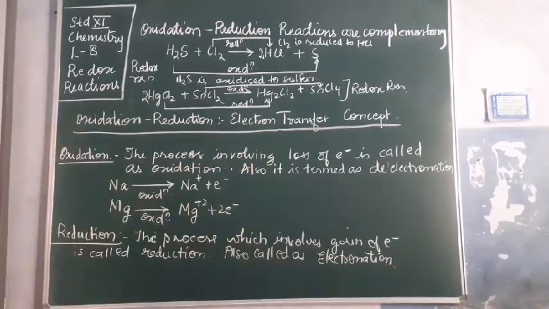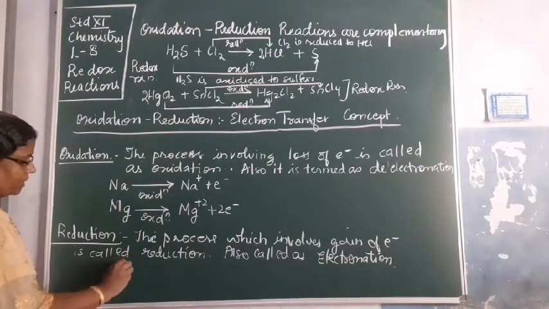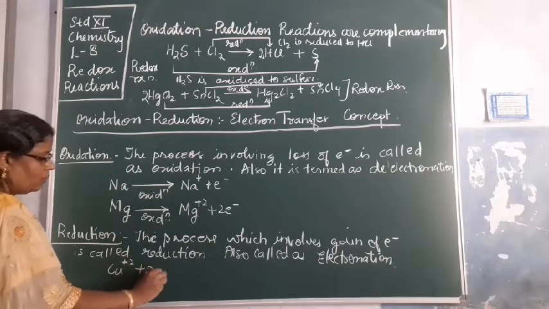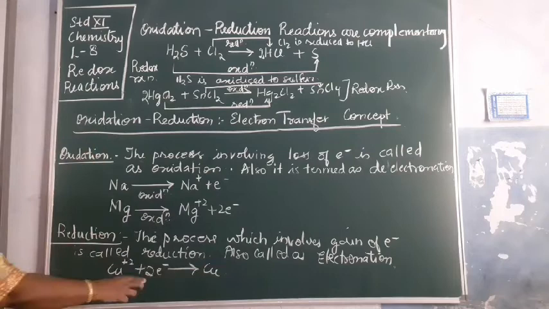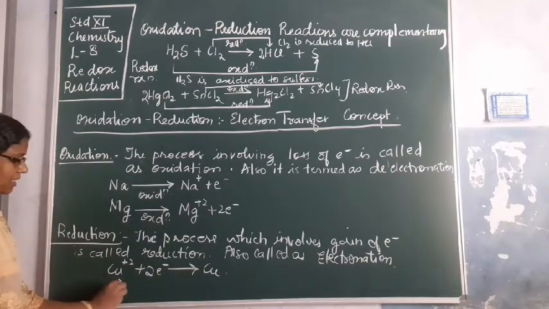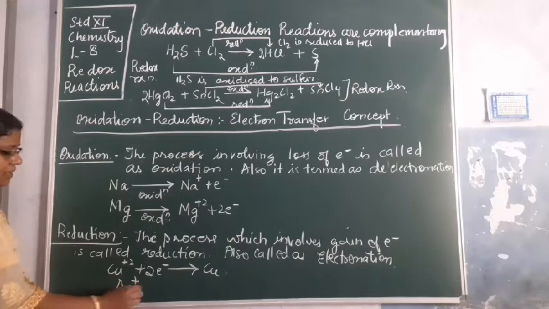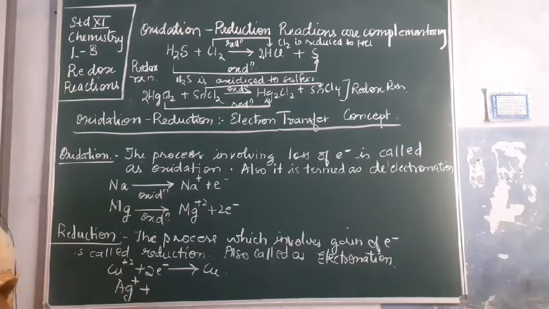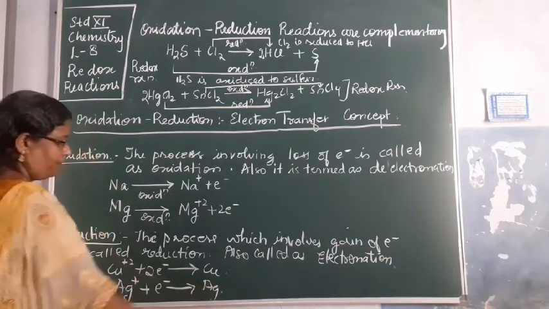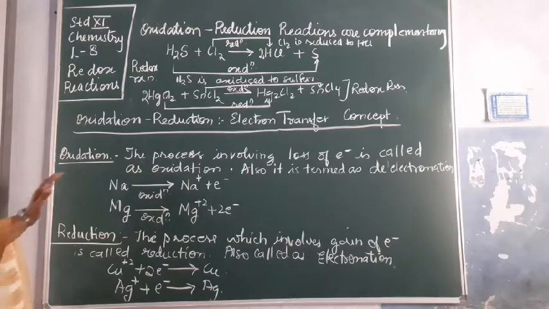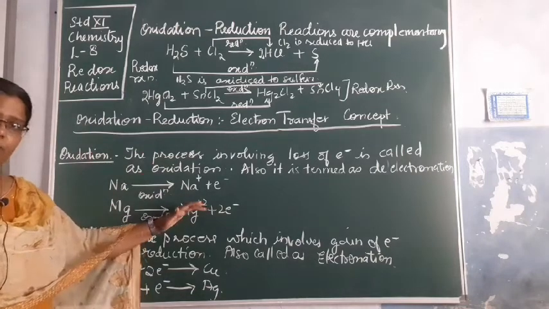Okay. For example, Cu plus 2 will take 2 electrons and get converted to Cu. So here Cu is reduced. Similarly, say Ag plus, the silver ion, is taking an electron and giving you Ag. Now what did you see here? Earlier an atom was losing the electron.